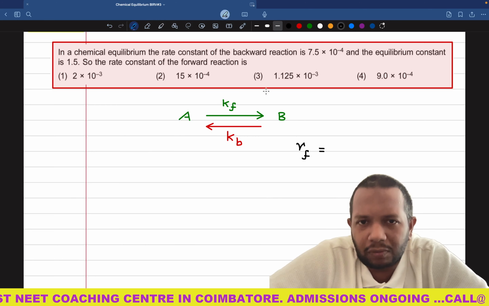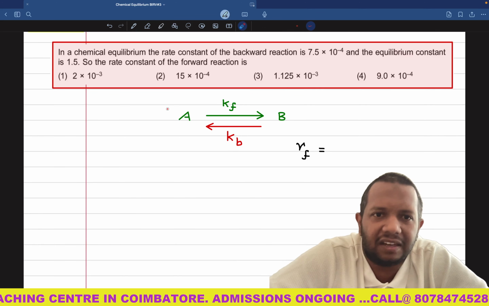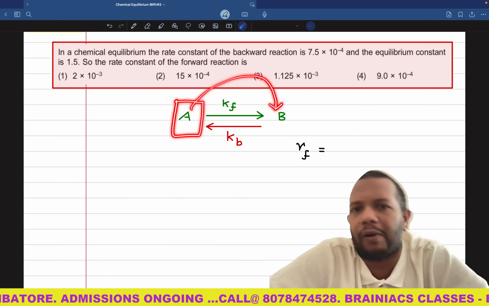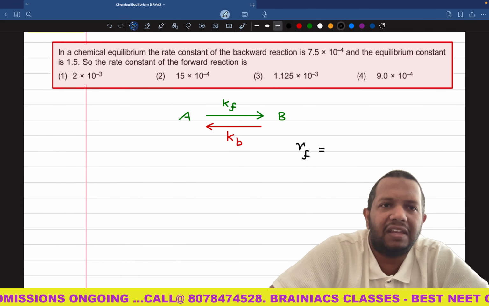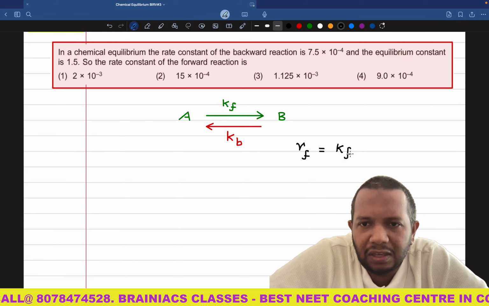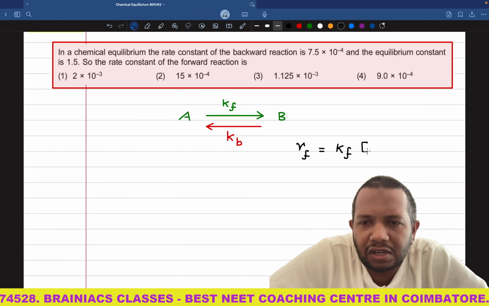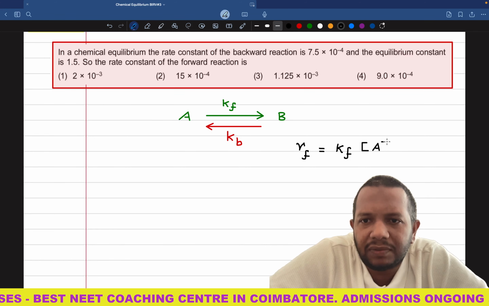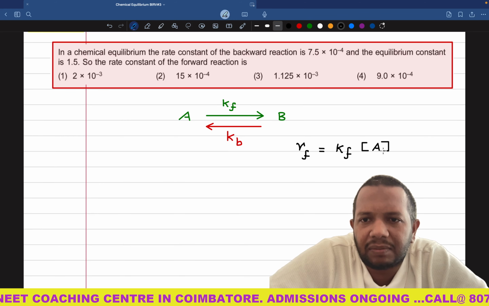When the forward reaction is happening, A is the reactant and it is getting converted to product B. So I can write Rf is equal to Kf into concentration of A, the concentration of the reactant.